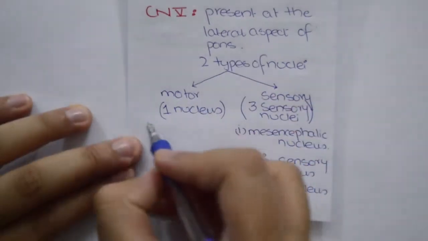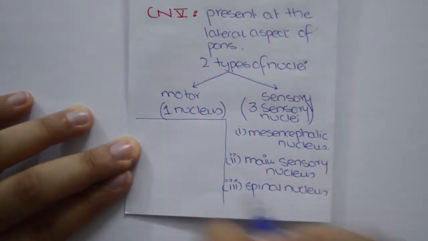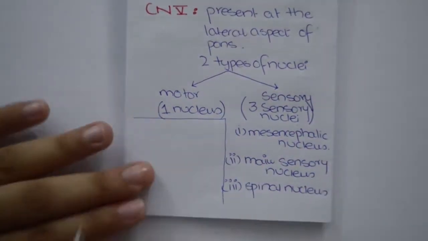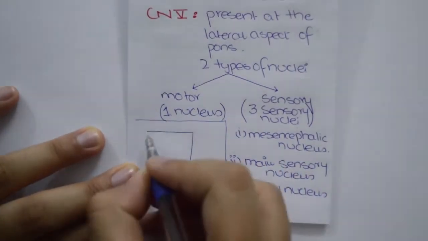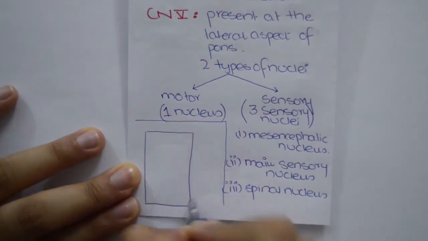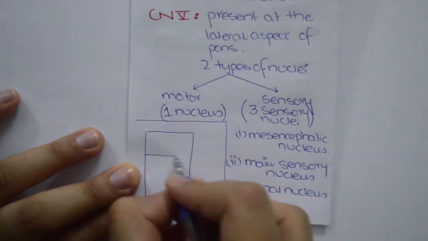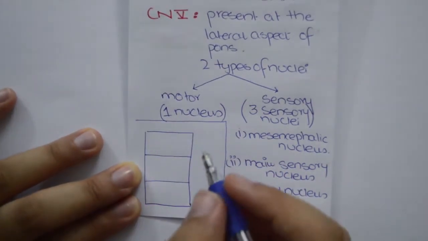Now, with the help of a diagram, I'd like to show you. This is the brainstem, these are the divisions.